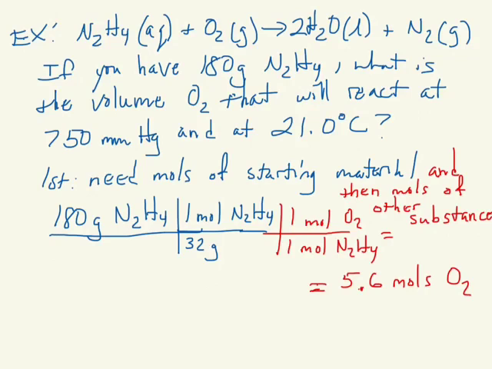All right, so now we have our moles of O2. Now we need to figure out its volume. Okay, so to figure out its volume, we have to use our ideal gas law. So with our pressure at 750 millimeters of mercury, that's practically 1 atm, but it actually comes out to be 0.99 atm.